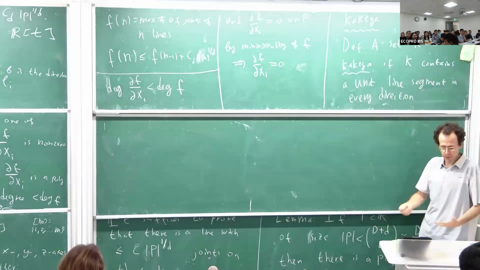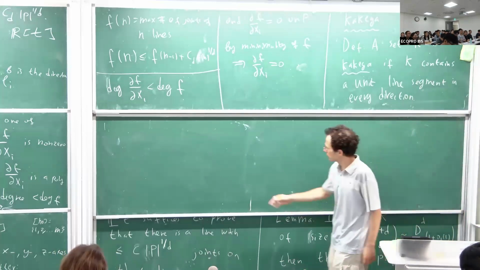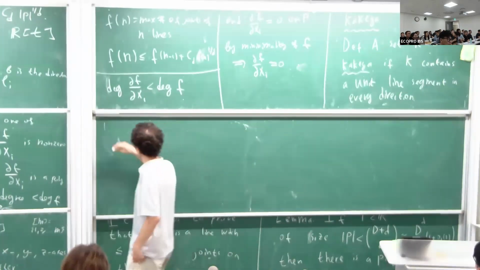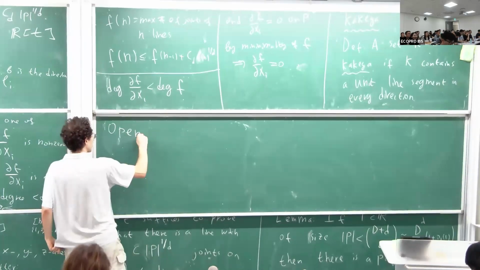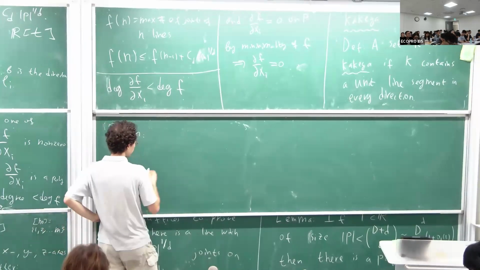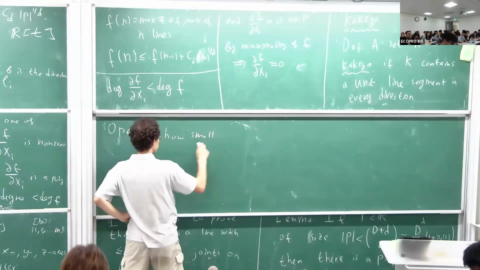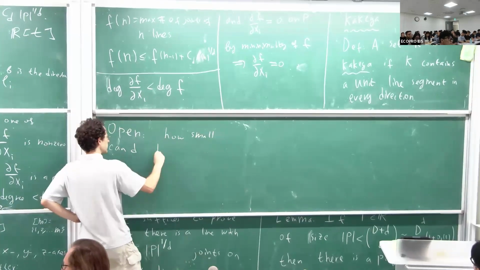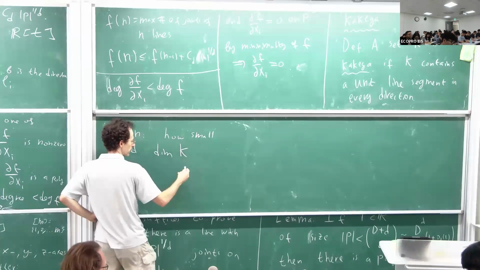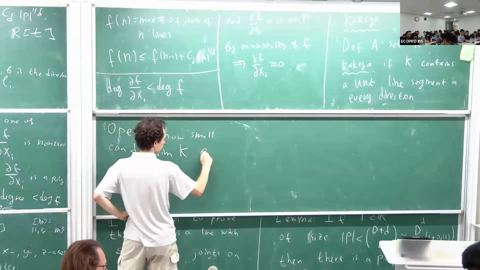So the big open problem is how small can the dimension of a Kakeya set be?